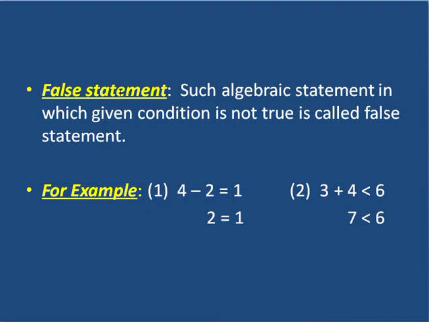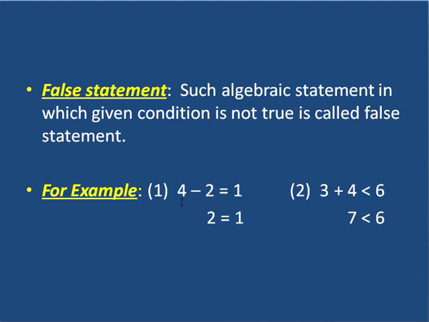False statement. Such an algebraic statement in which the given condition is not true is called a false statement. For example, 4 minus 2 equal to 1.